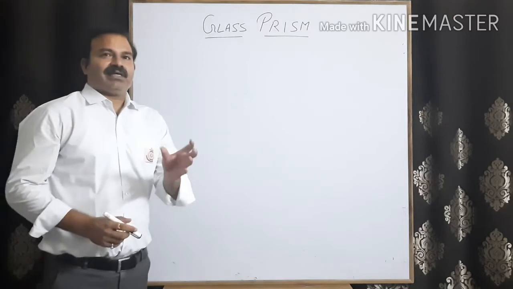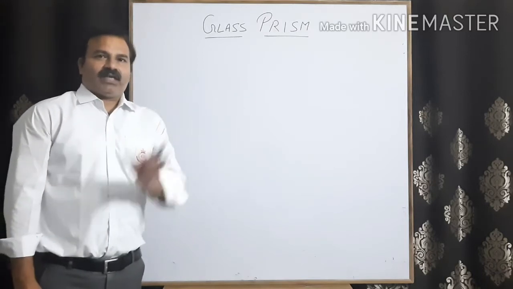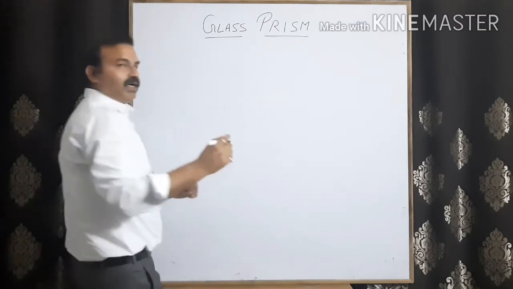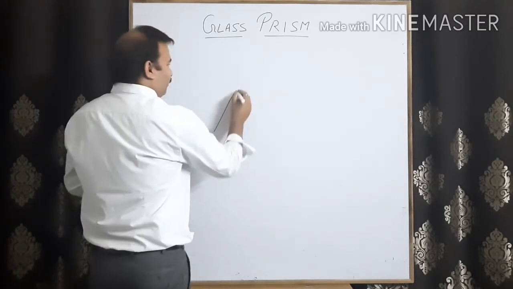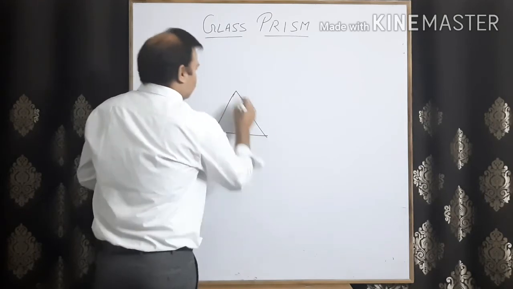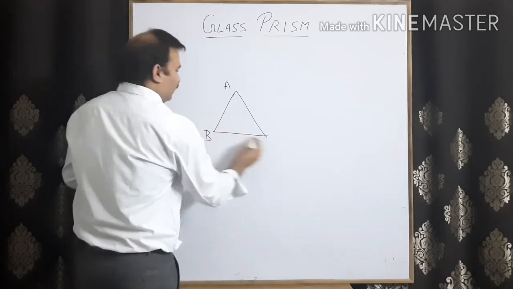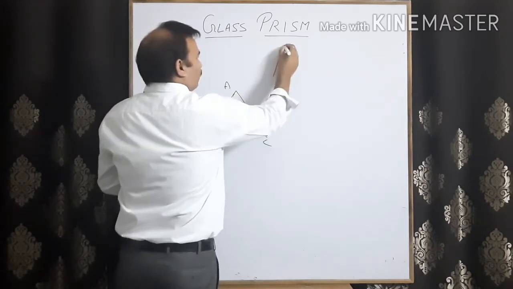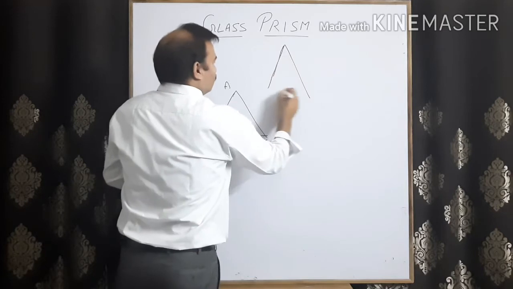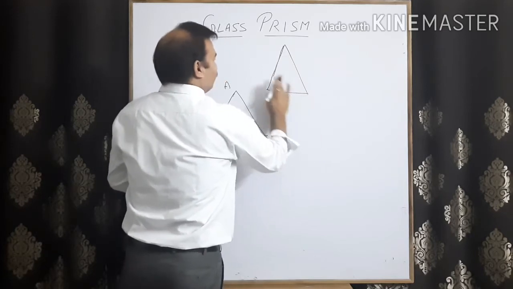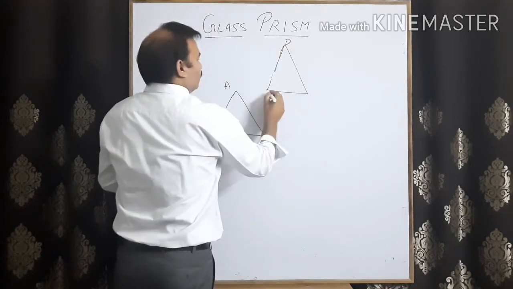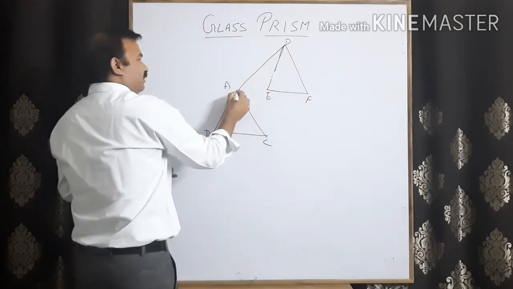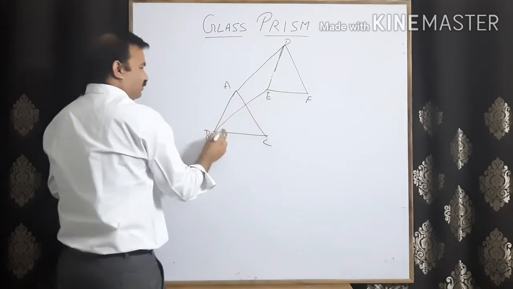A glass prism is basically, as the word says, glass. It's made up of transparent glass having two triangular faces. If I draw a 3D shape of that, suppose this is the front face ABC, and this is the back one DEF, and this will join like this.